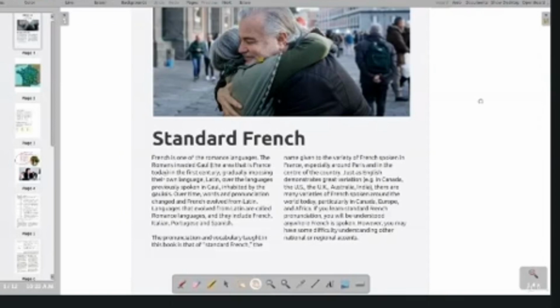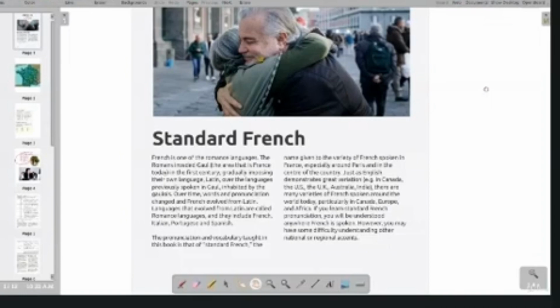So now, we talk about standard French today. Some linguists don't like to use the word standard French because it seems to suggest superiority of a particular dialect over other dialects.